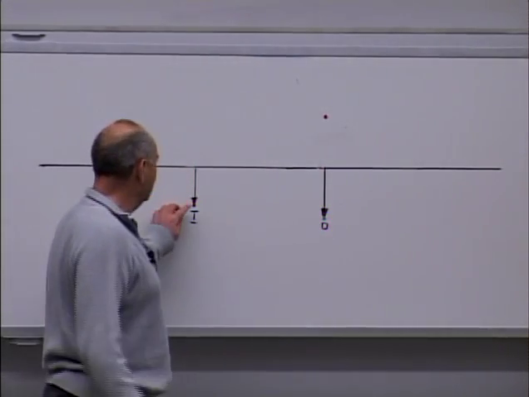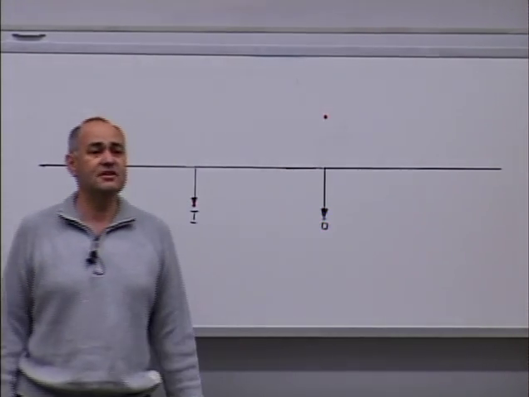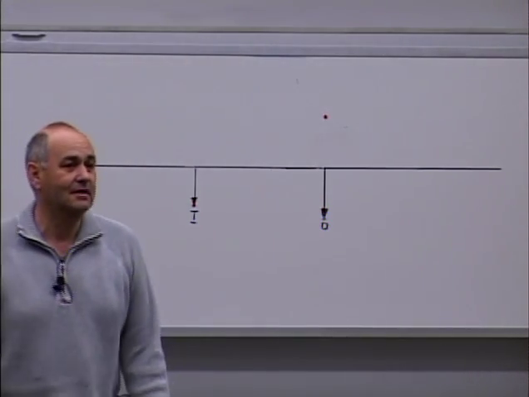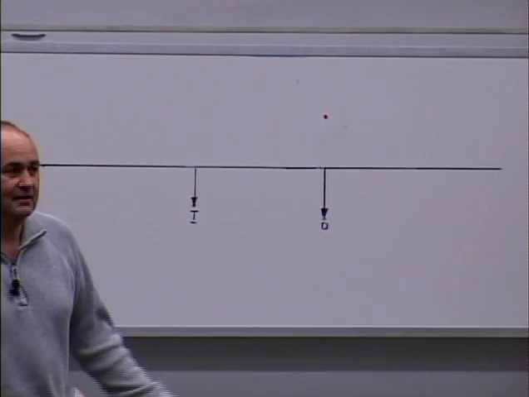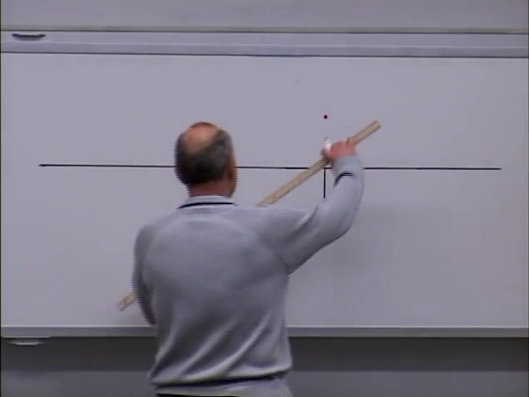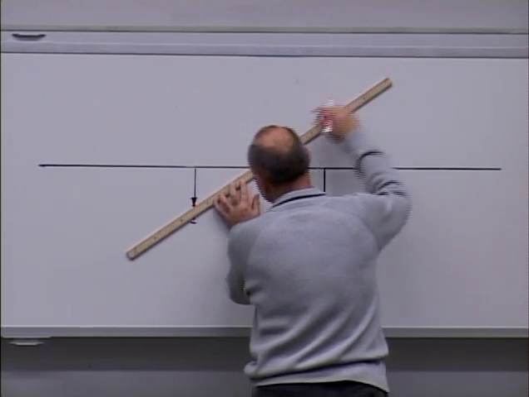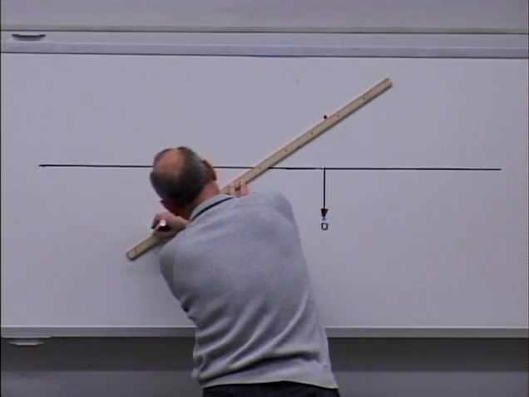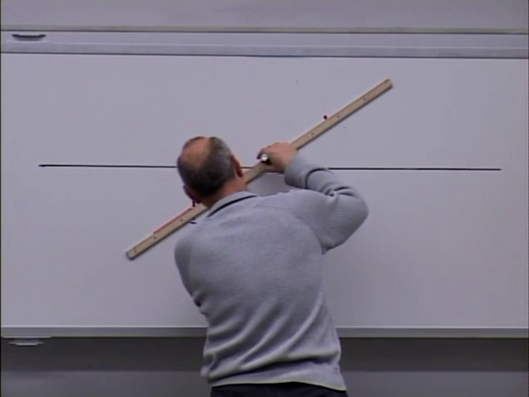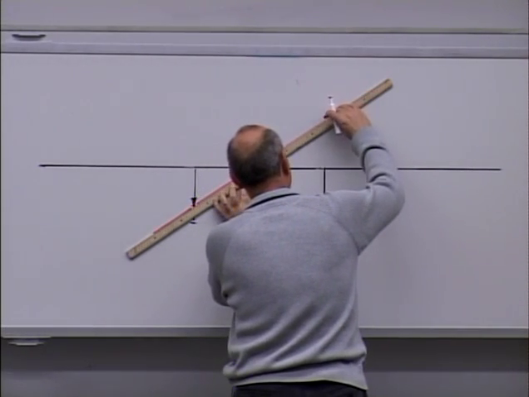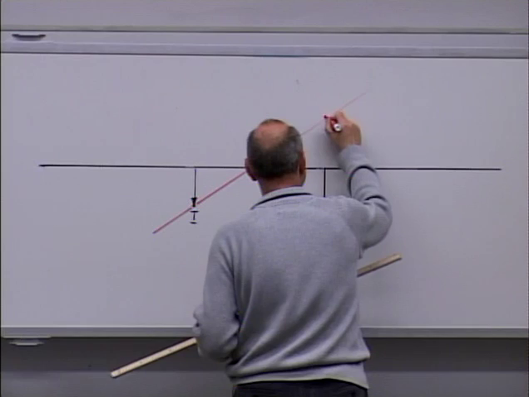I already have two points through which I know that the image chief ray is passing. I can draw the line now. Chief ray is a straight line. Close enough.